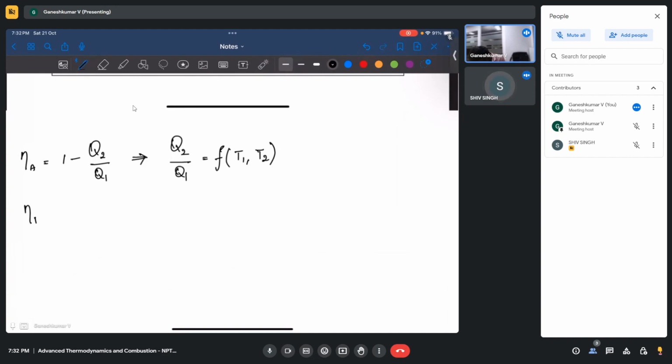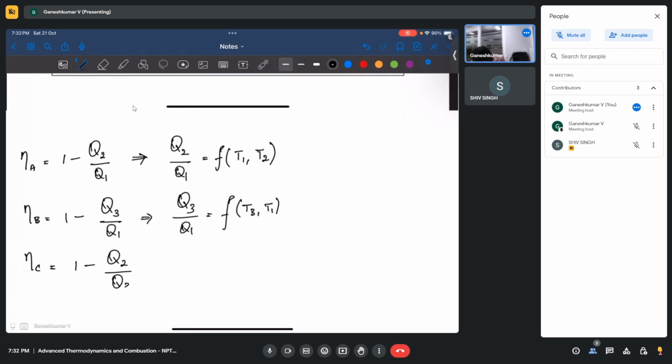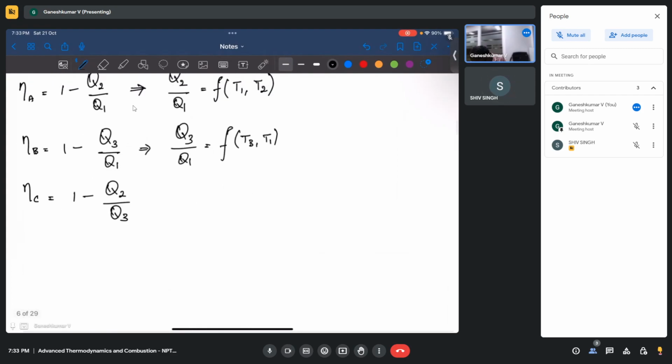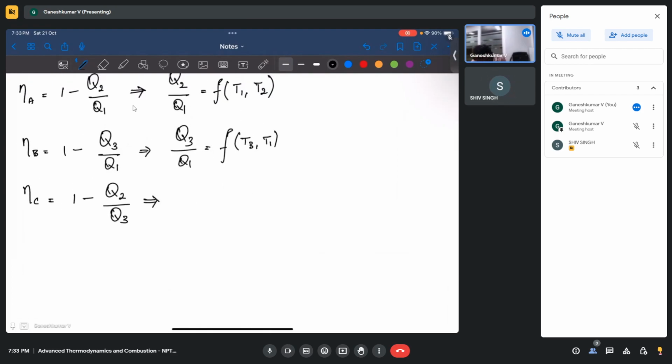Similarly, for engine B, Q3 by Q1 is some function of T3 and T1. And the efficiency of C is 1 minus Q2 by Q3, where 2 is the lower and 3 is the higher. So for the last heat engine, Q2 by Q3 is some function of T2 and T3.